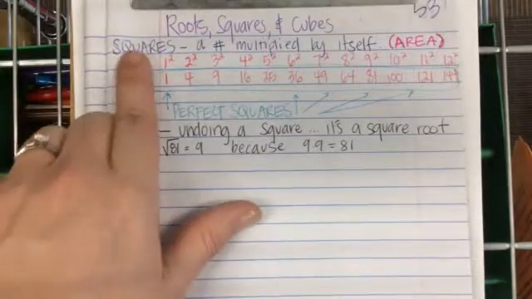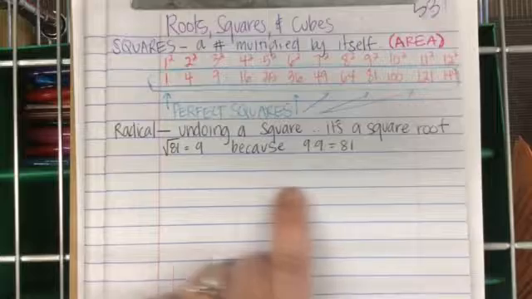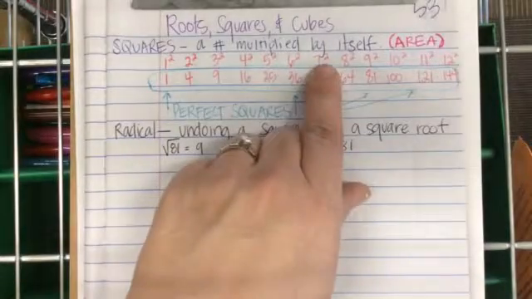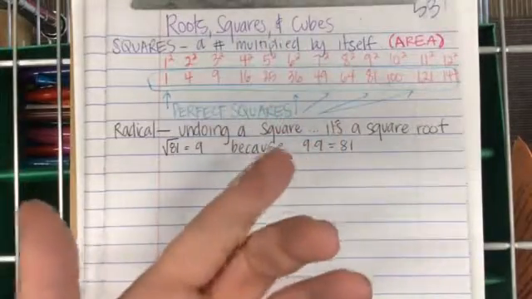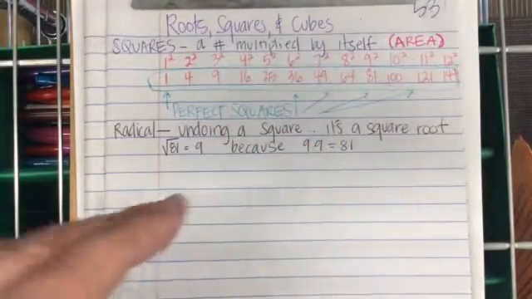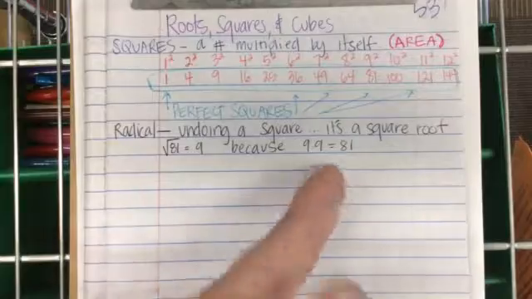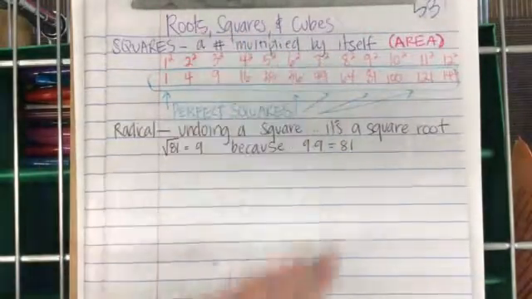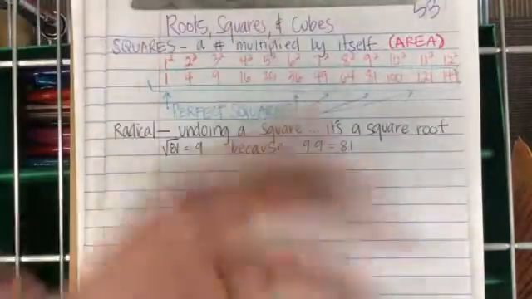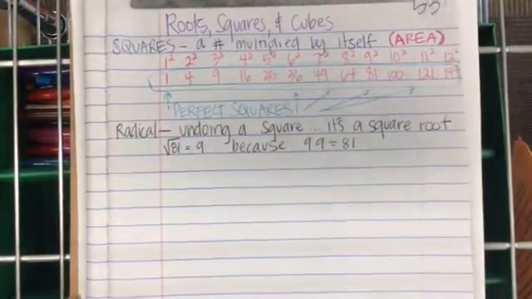And if it's a square, the base and the height are the same, because it's a square. If the bottom's 5, how tall is it? 5. And 5 times 5 is 25, so it's 5 squared.